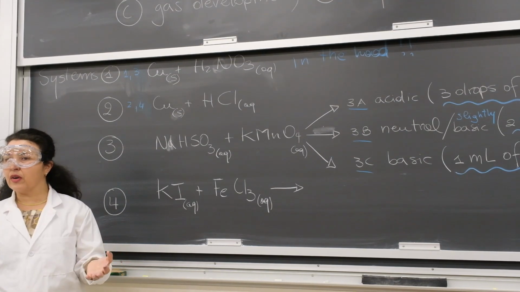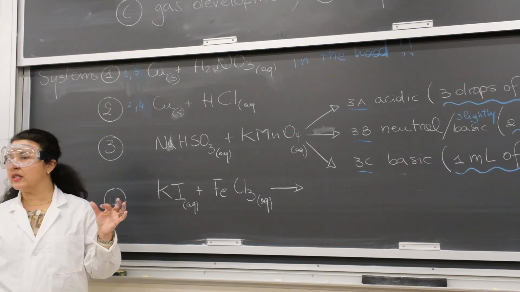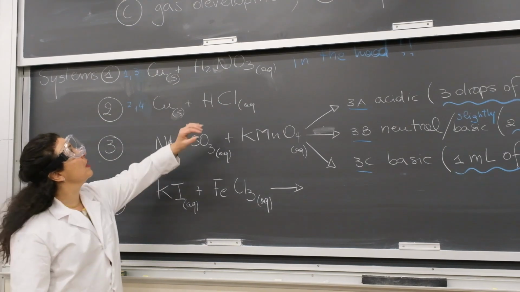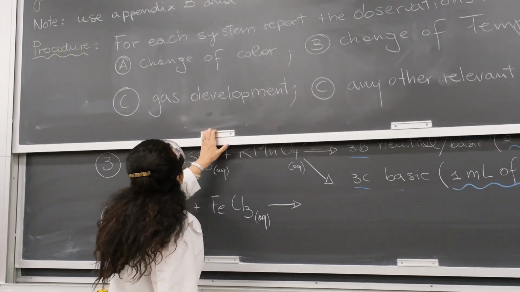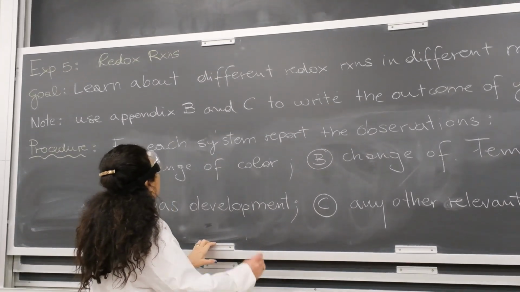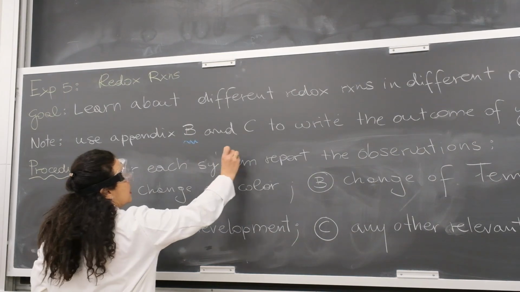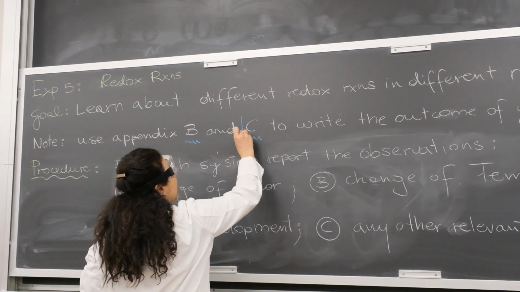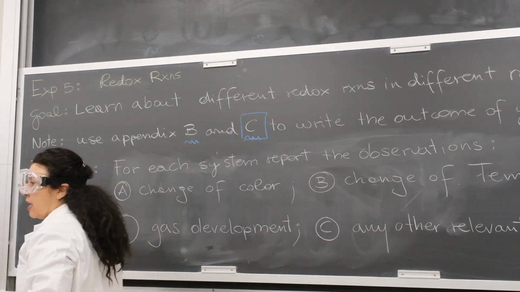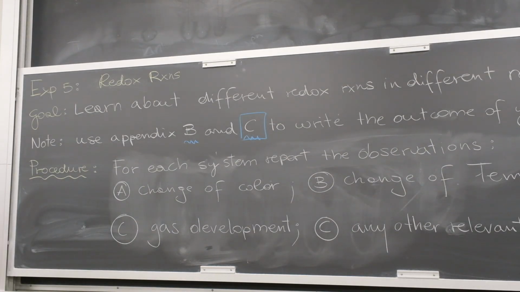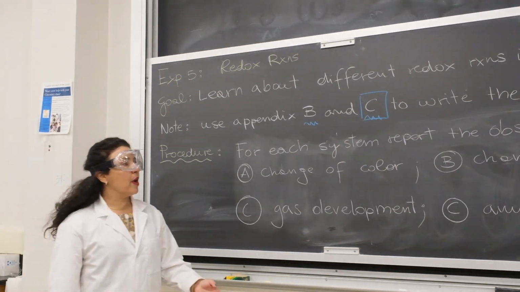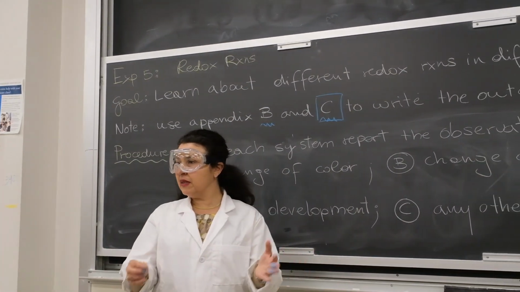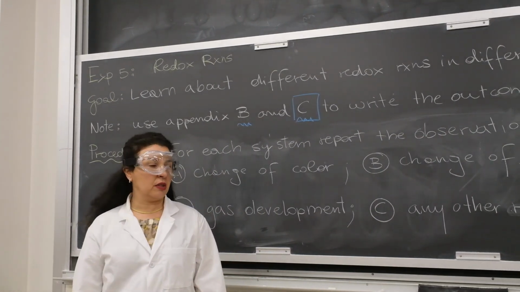We're working on a redox reaction using the 2 systems of half reactions. To help yourself, refer to Appendix B and especially C. C is the most important, in which you're going to see what should form when you're working in acidic, basic, or neutral conditions.